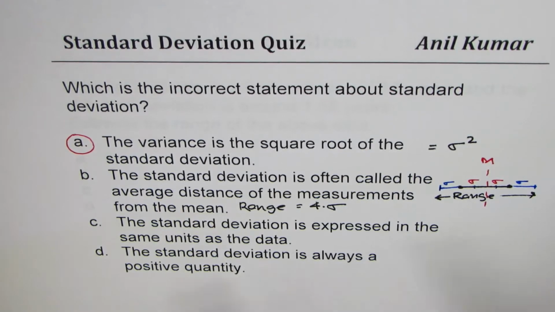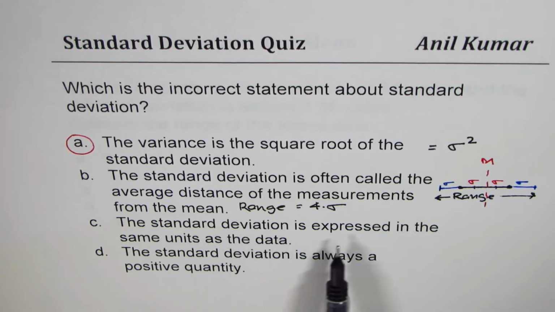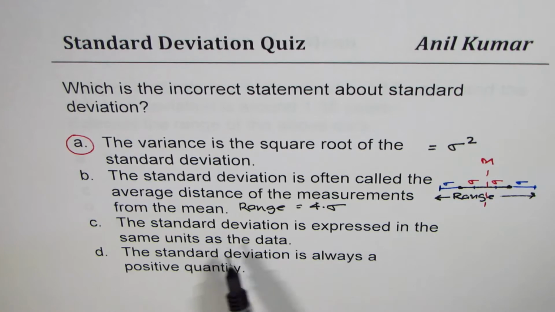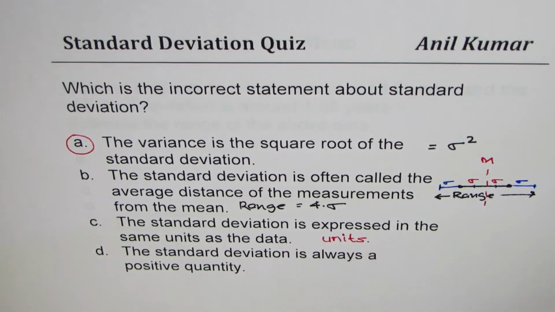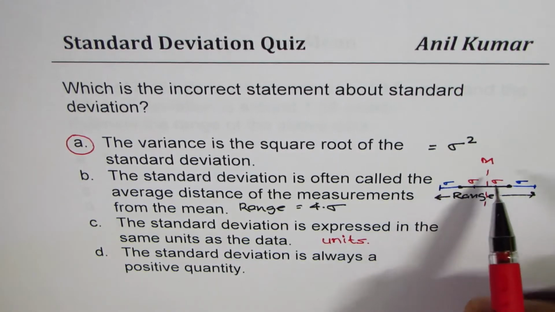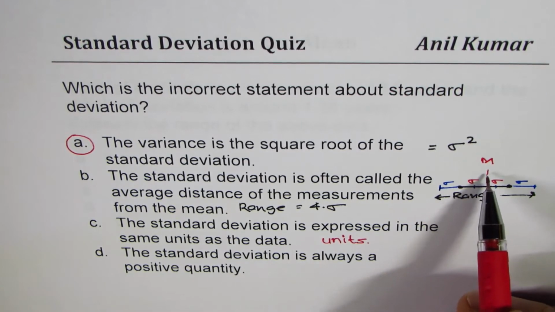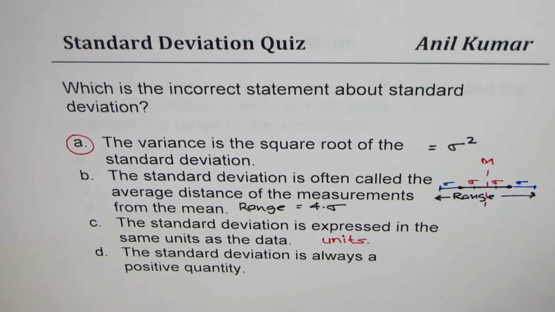Okay. Next, the information about standard deviation is, the standard deviation is expressed in the same units as the data. Important. Always, always, always write units. For example, if the height is given in centimeters, standard deviation is in centimeters, right? If the average height is, let us say, 170 centimeters, standard deviation will be, let's say, 2 centimeters, okay?